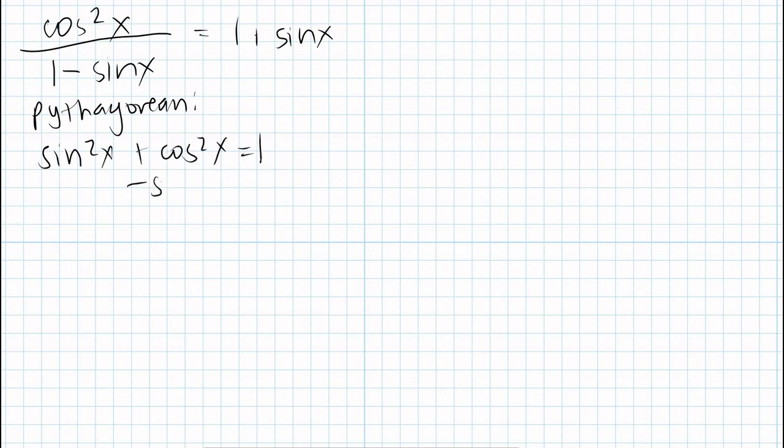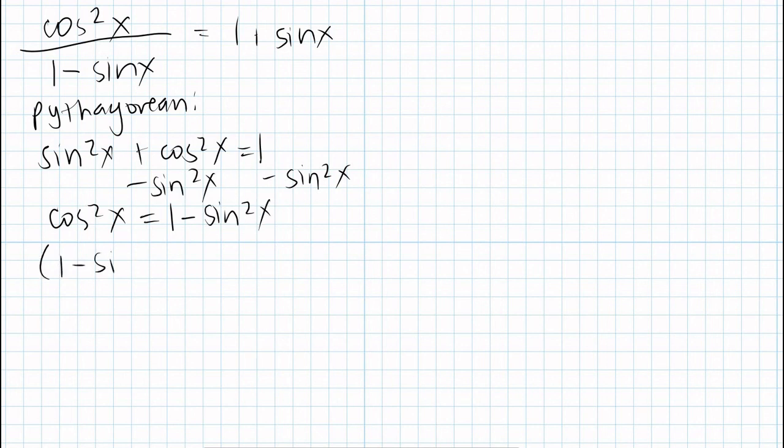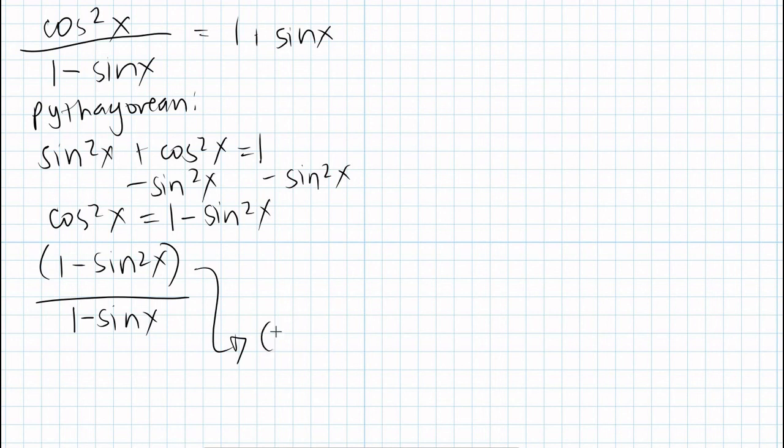So that means if we subtract sine squared x on both sides of the equation, we will get cosine squared x equal to 1 minus sine squared x. So we can rewrite the numerator as 1 minus sine squared x all over 1 minus sine x. Now, 1 minus sine squared x is a difference of squares.